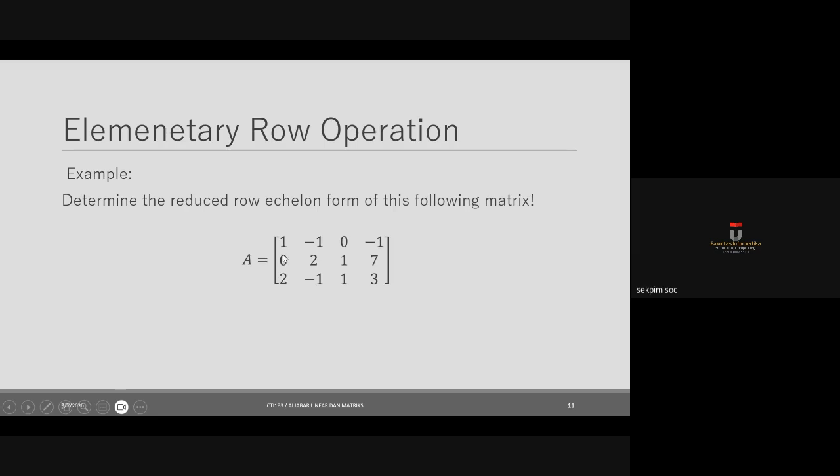So our goal is to do ERO operations such that if we take this element as the pivot, all elements under the pivot, which are 0 and 1, should be 0. For this one it's fine, because it's already 0. Our task is how to make this element 0.